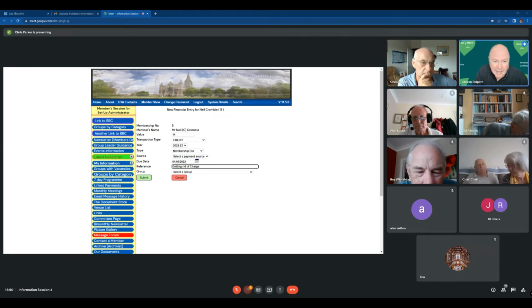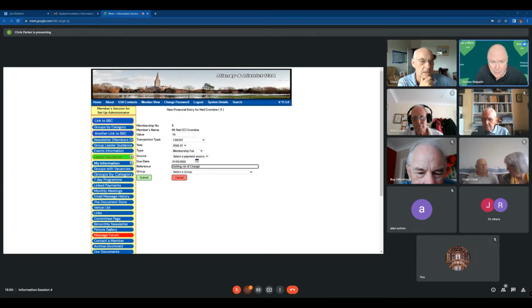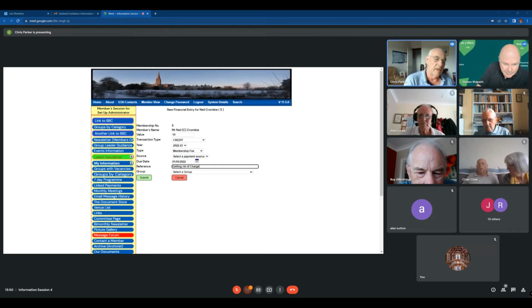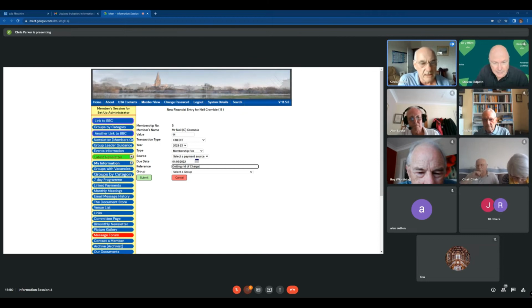And then you forget. So it's very important to cross-reference. Yes, absolutely. If you use the refund system, it links them together, but if you're putting manual ones in, then you have to do it that way.